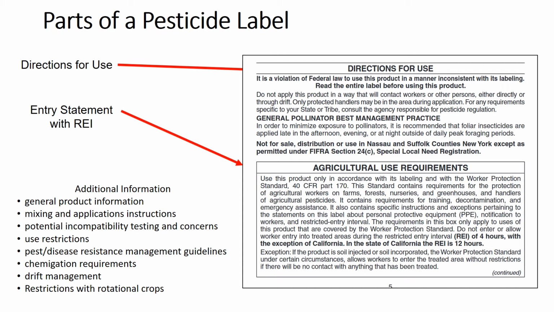Also, what's going to be on here, pest and disease management. I mean, the pest that we're actually going after, a specific chemical may not control it. So we want to make sure that our pest that we're trying to control is labeled on that particular chemical. Right. And it's going to tell us where our other restrictions are, where can we use this or not use that particular product, as well as fumigation requirements, drift management, and then the restrictions with rotational crops.